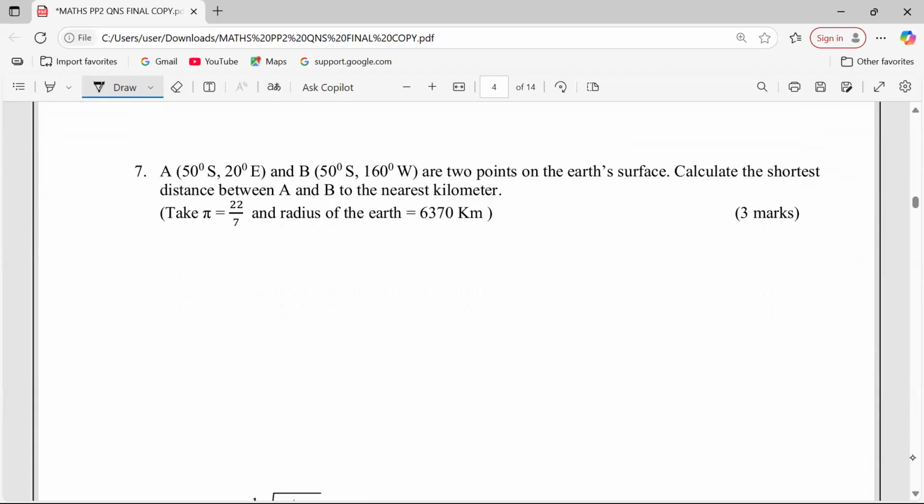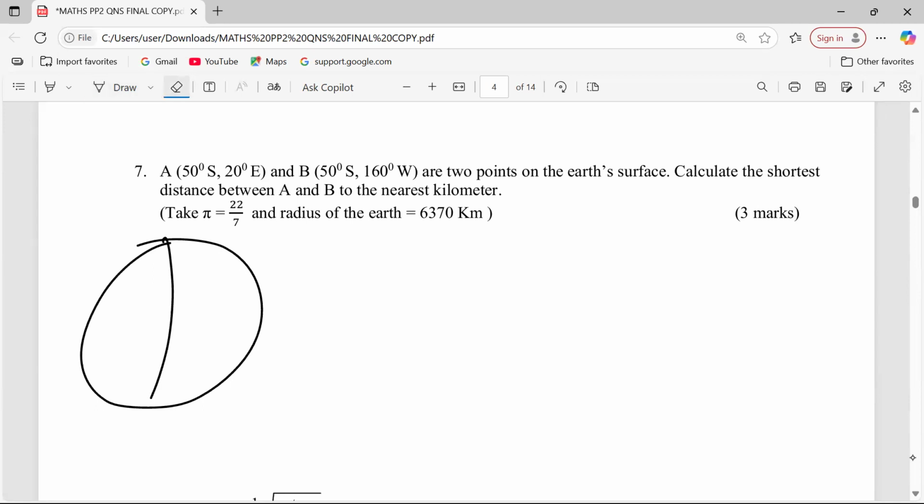Number 7. A, 50 degrees south, 20 degrees east, and B, 50 degrees south, 160 west, are 2 points on the Earth's surface. Calculate the shortest distance between A and B to the nearest kilometer, taking pi as 22/7, radius of the Earth 6370 kilometers. As usual, I advise my learners to sketch information on longitudes and latitudes.